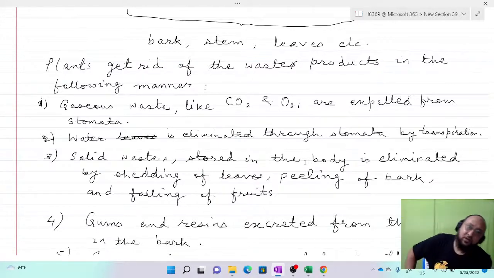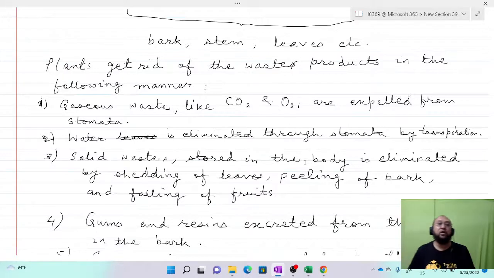Okay. Now solid wastes are also formed in the plant body. There are so many metabolic reactions going on inside the plant body, and during the formation of different fruits and so on, some metabolic wastes are formed in solid or semi-solid form.